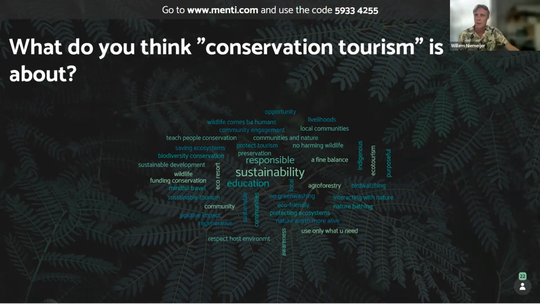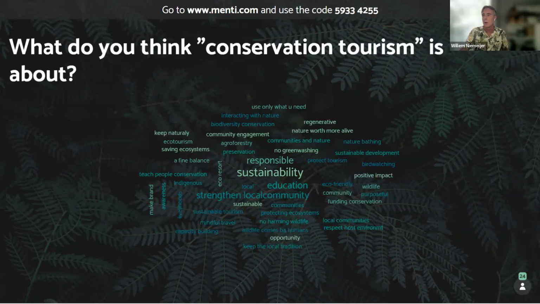Yeah, just to add on to what Anne just said, I also see in the word cloud there's the word opportunity, and this is exactly right. The opportunity for conservation tourism is right there, because this is what travelers more and more increasingly demand on their travels.